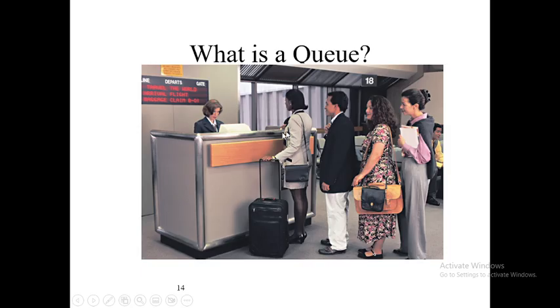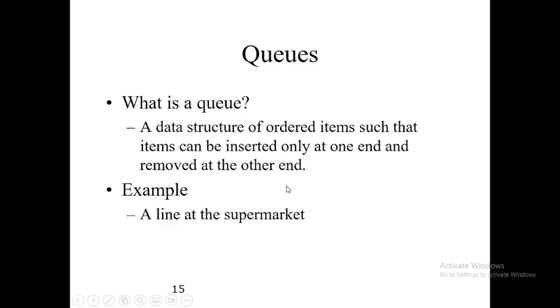In stack you use the push and pop operations. In queue you call them insertion and deletion. If someone is coming and adding here, this operation is called insertion. If the job is over and they come out of the queue, you call it deletion from the queue. So what is a queue?